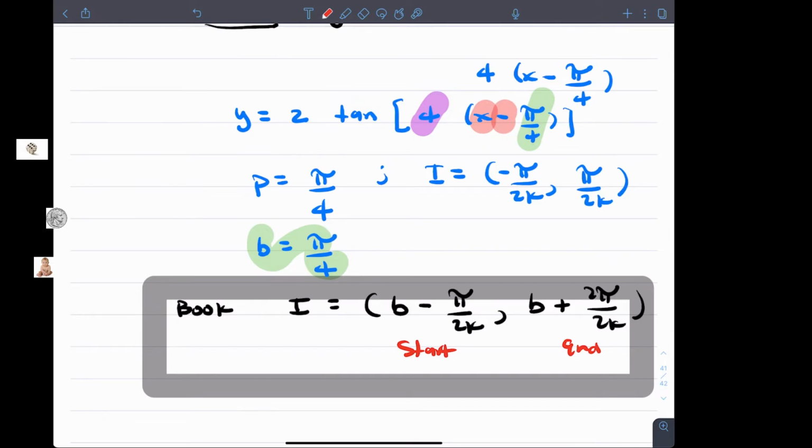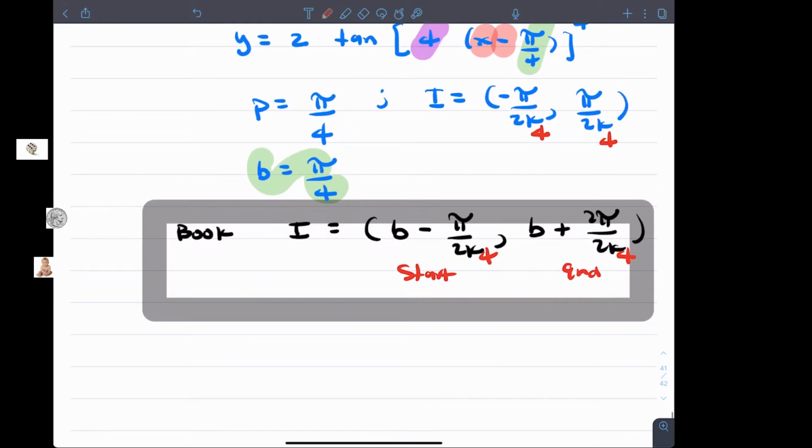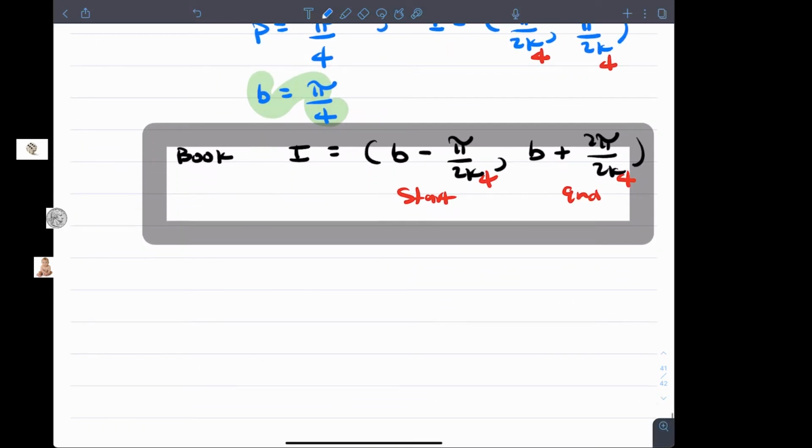So what was K again? What was B? Pi over 4? Okay, so here's my interval in one cycle, right? Pi over 4 minus pi over, what's 2 times 4? 8. Pi over 4, what's this?